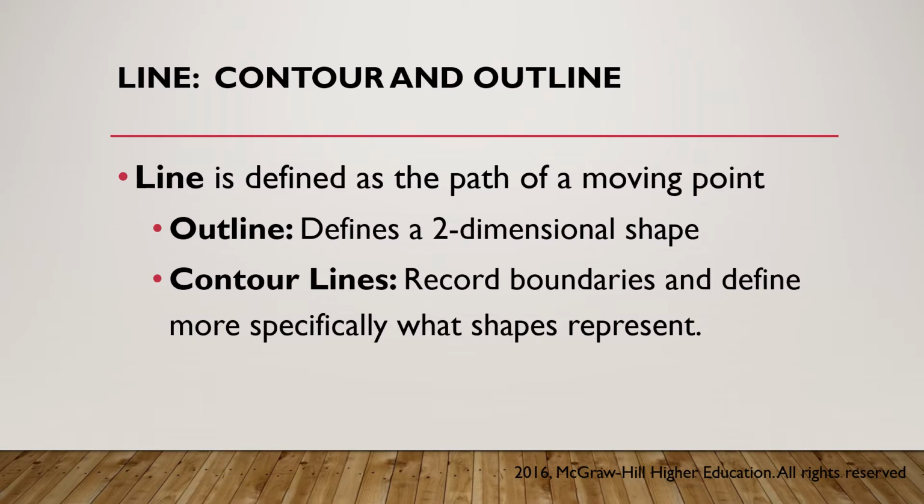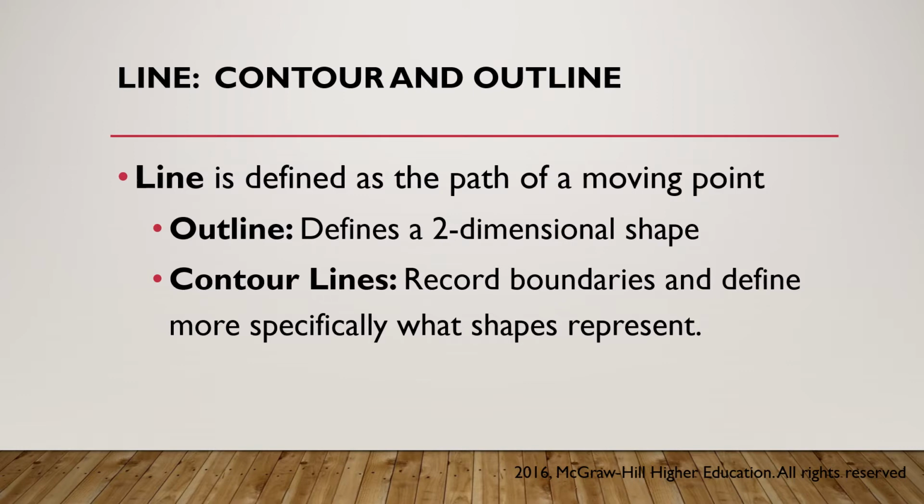Now, an outline defines a two-dimensional shape. And an outline is more like a silhouette than anything else. Contour lines also record not only the outline, but also define other surface ridges that you need in order to understand what that object is.